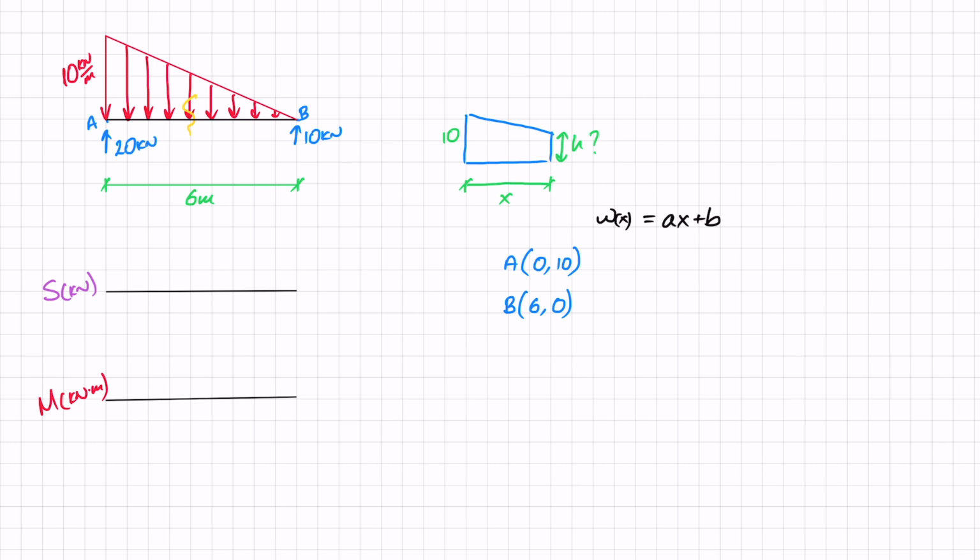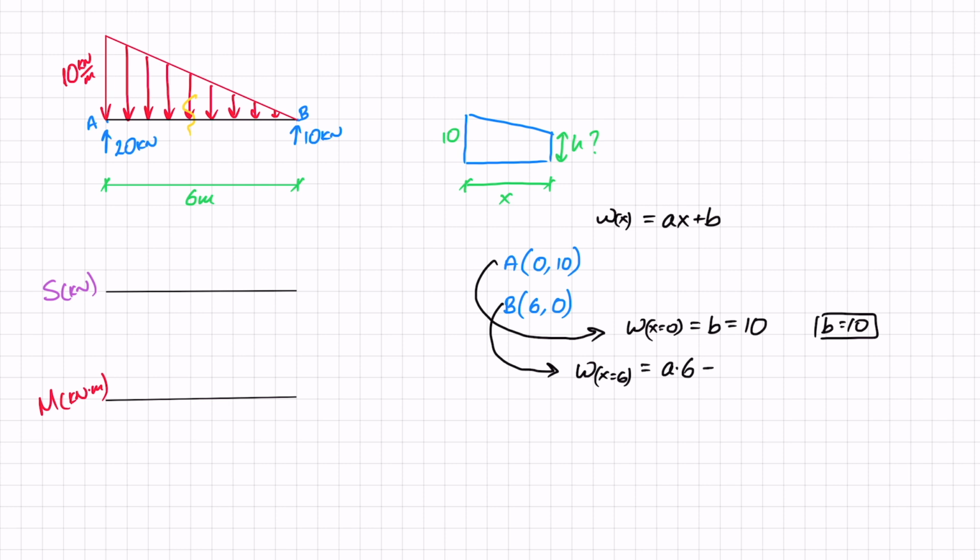So let's start with the first one. If I substitute x equals 0 here, ax obviously falls off, so I get b, and I know that that needs to equal 10. So b equals 10. I'm now going to look at my second equation, using point B, and here I know that when x equals 6, I have a times 6 plus b, which is 10, we established that, and that needs to equal 0.